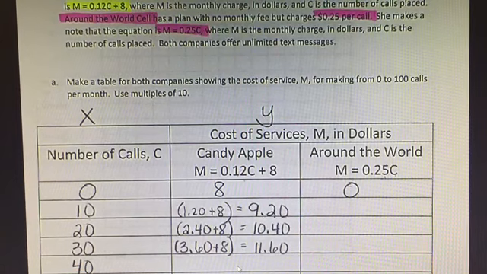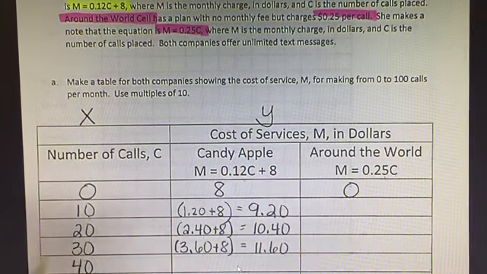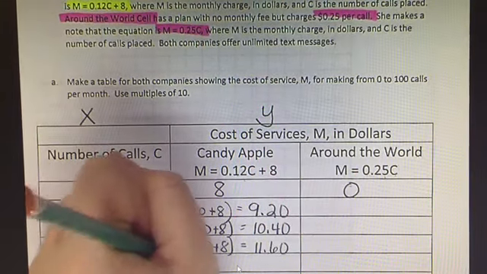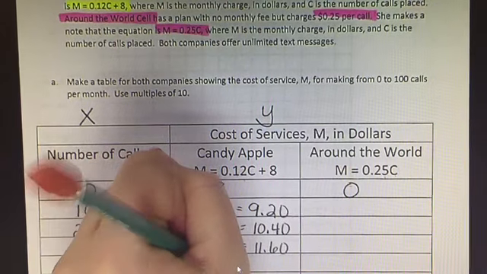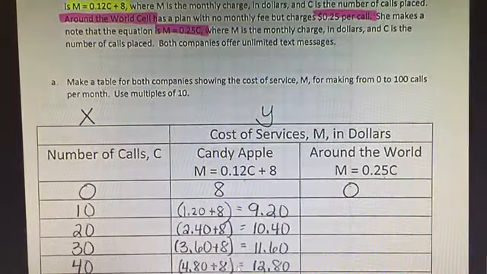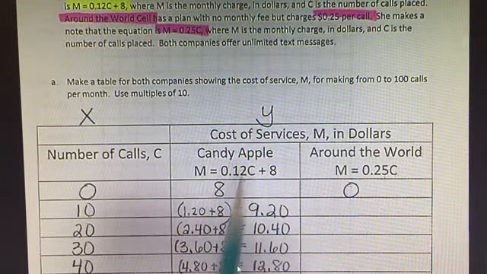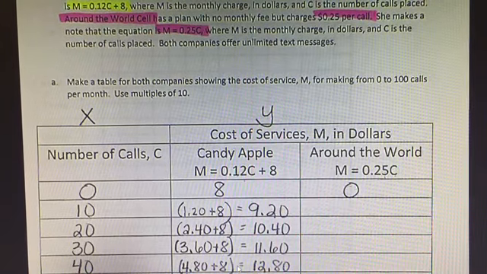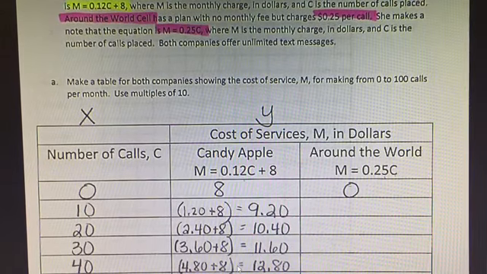We're going to continue that same pattern each and every time. So this time we took 40 times 12 hundredths, so we got $4.80, plus the 8, we got $12.80.